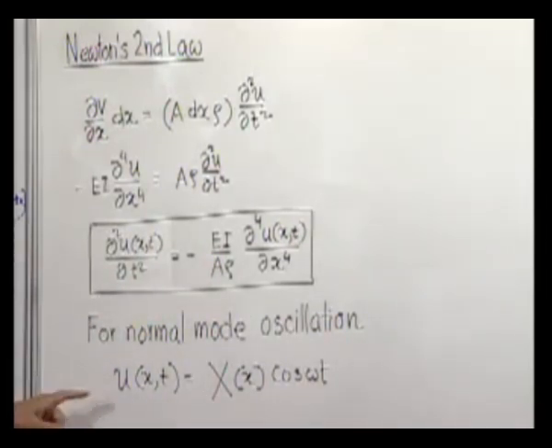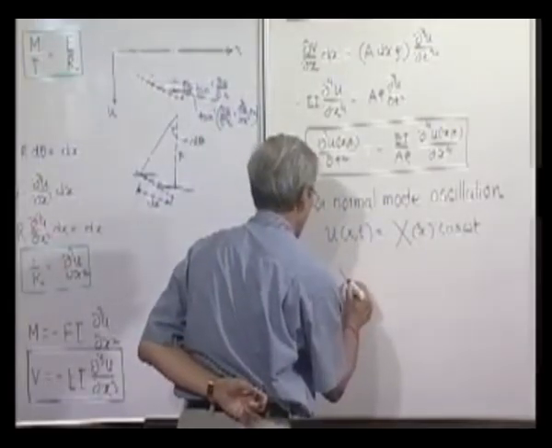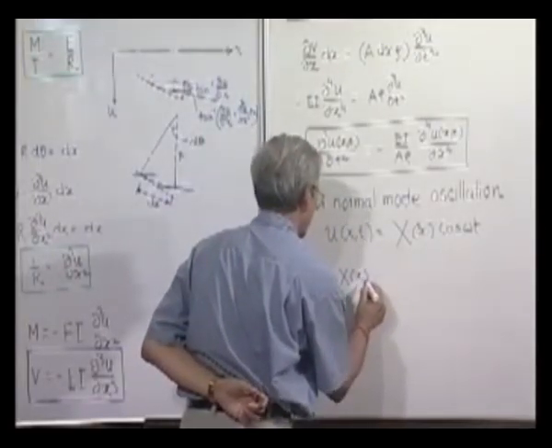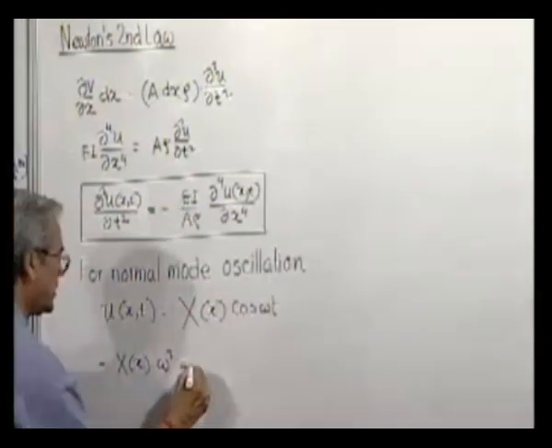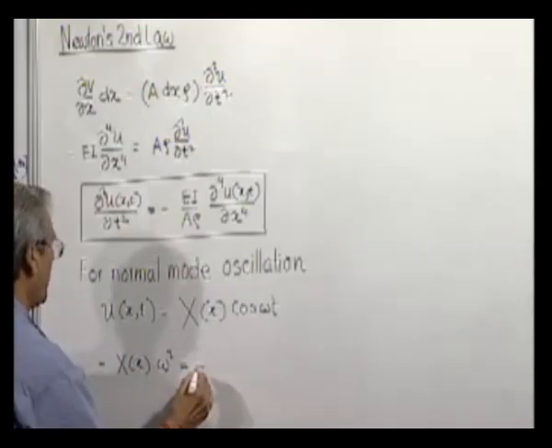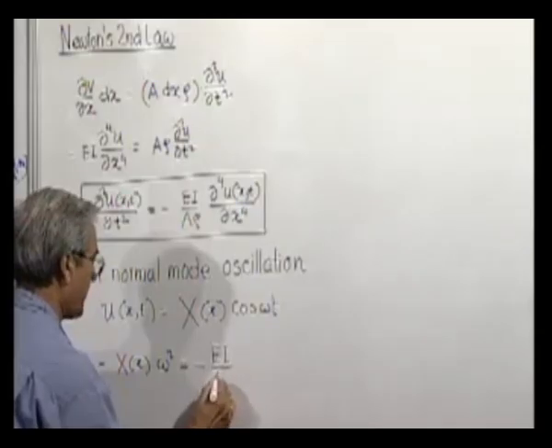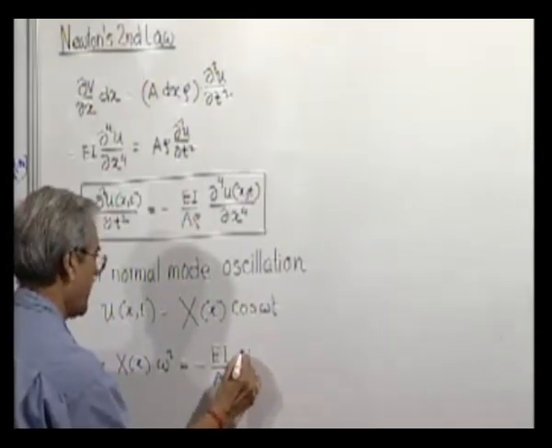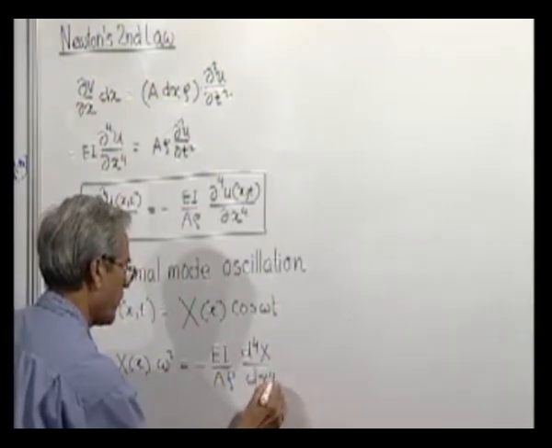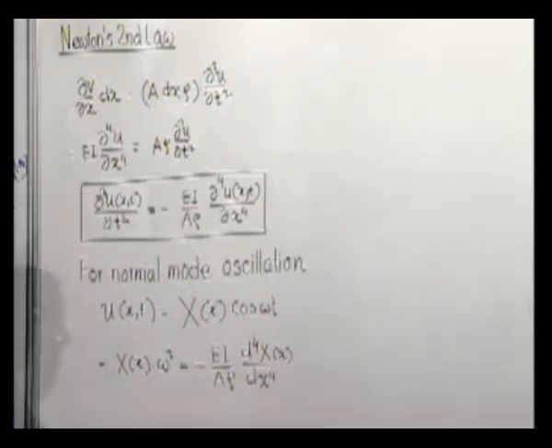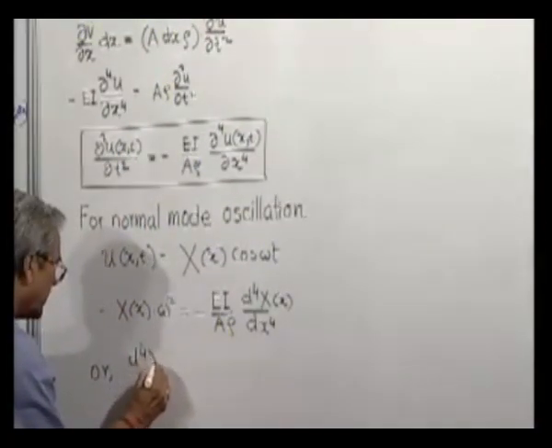So when you substitute this here, you get minus omega squared, cosine omega t gets cancelled from both sides, or the final form you can write like this.